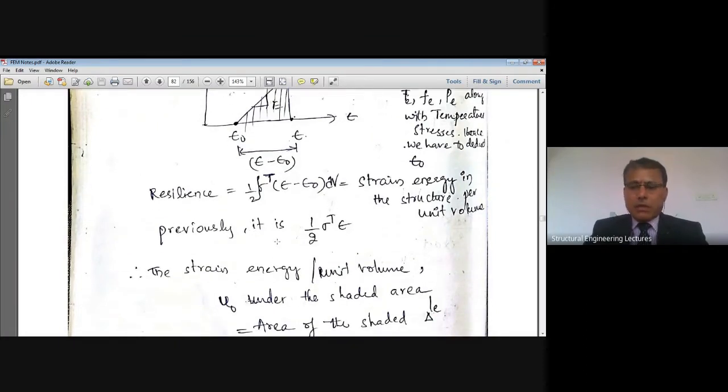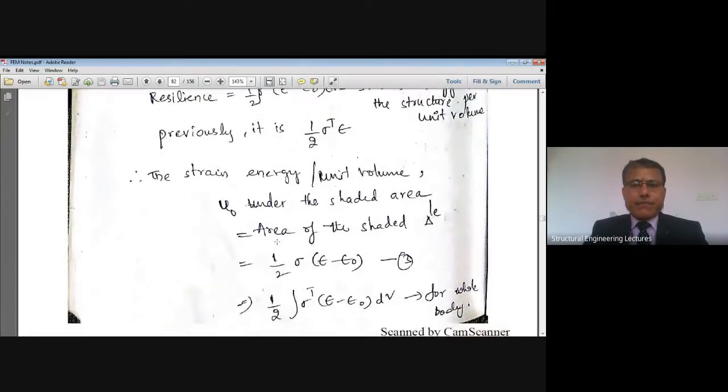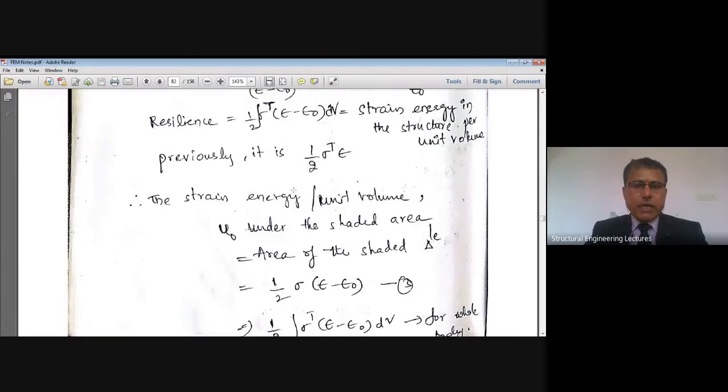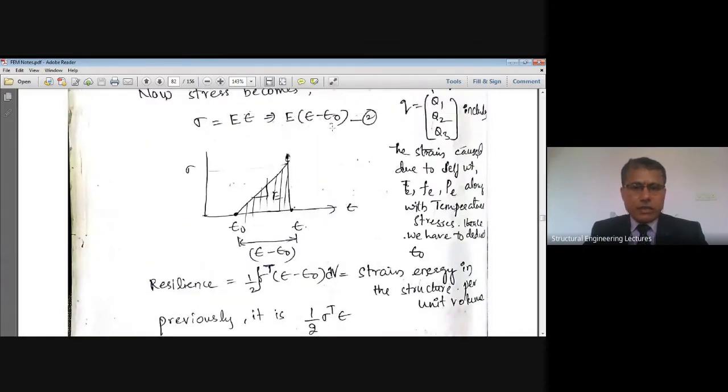Now here the area under the shaded curve is the strain energy stored. The area of the shaded curve is half, because it is a triangle, half base, where the base is epsilon minus epsilon naught, multiplied by the ordinate, which is sigma.